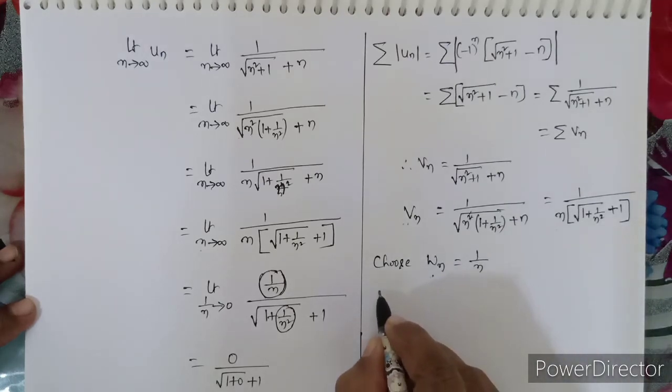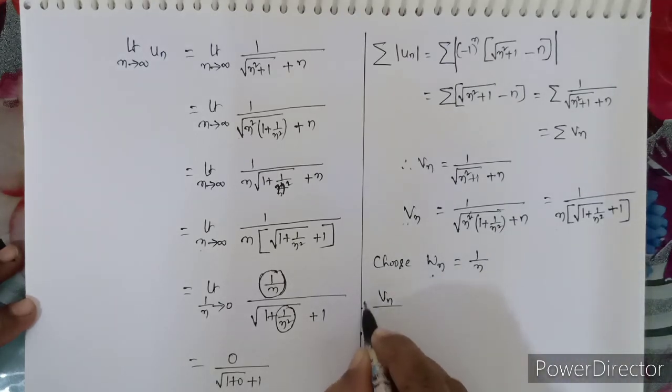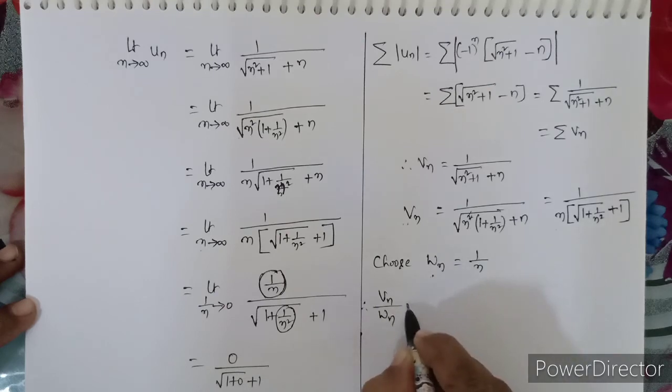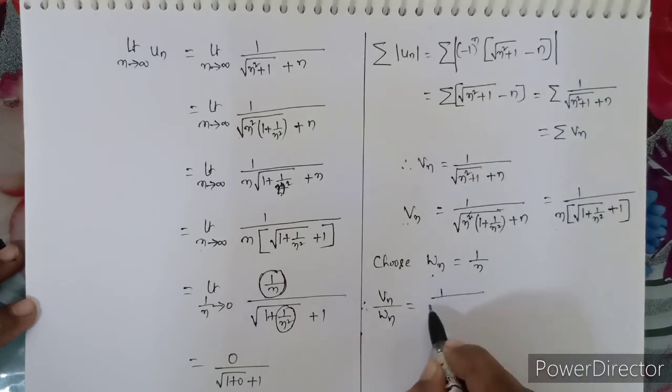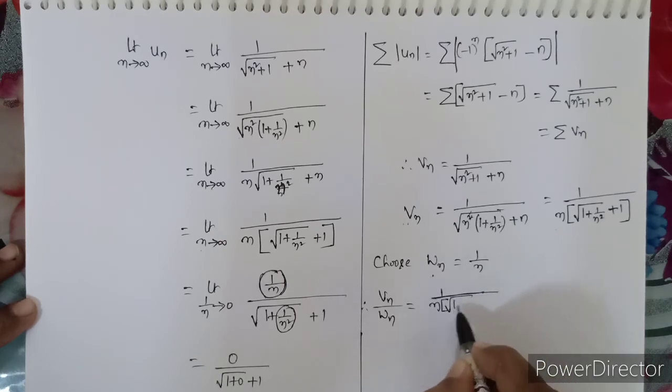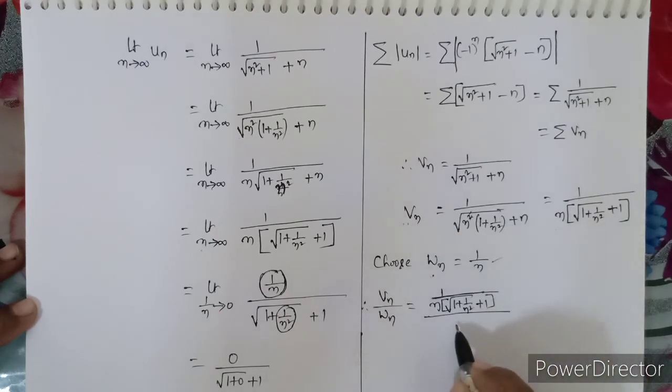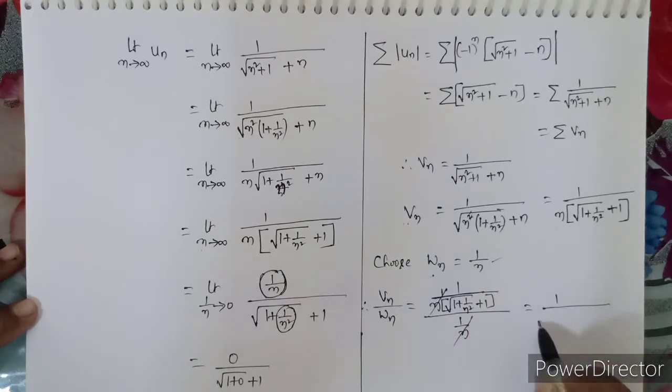Therefore, V_n by W_n equals 1 by n into (root of 1 plus 1 by n square plus 1), divided by W_n which is 1 by n. Cancel. Therefore, V_n by W_n is equal to 1 by root of 1 plus 1 by n square plus 1.